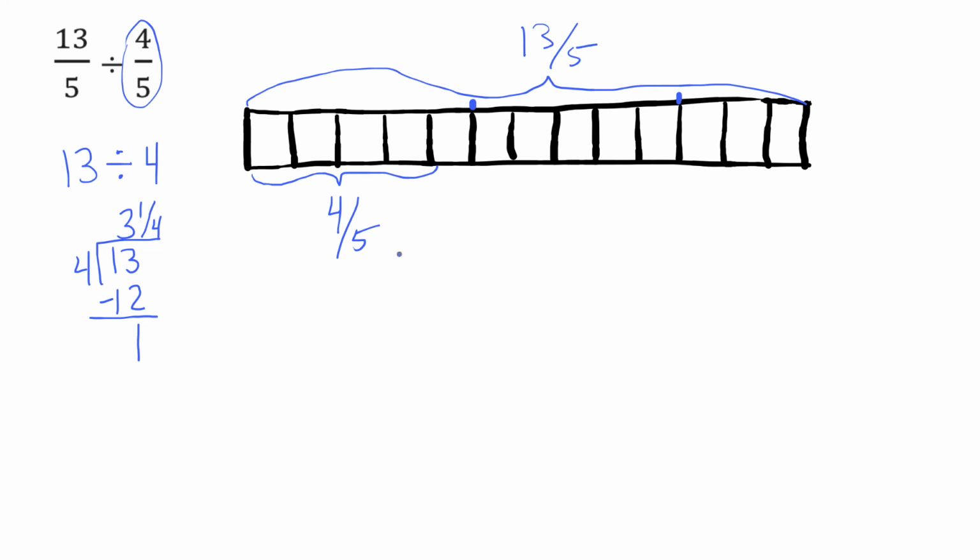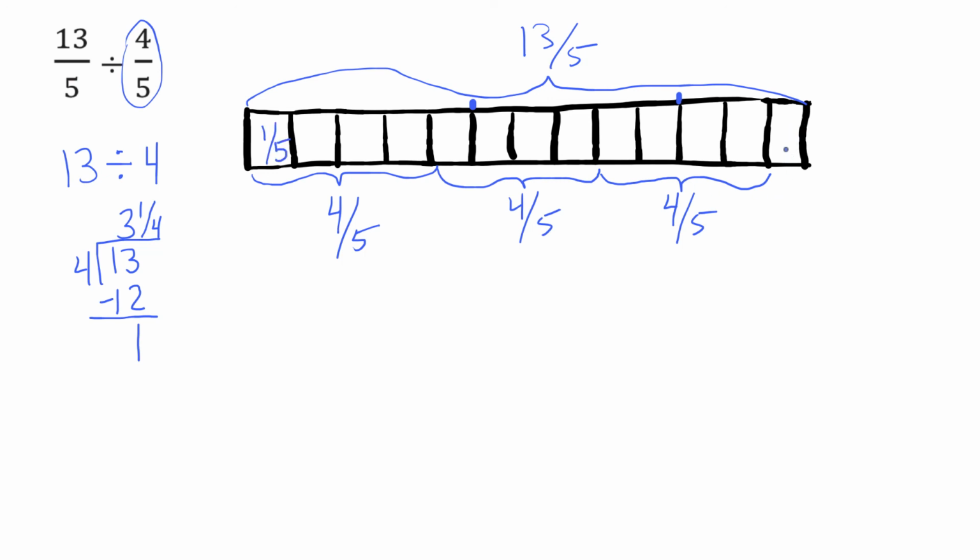All right, so we have 4 fifths. There, it happens once. We're going to have another group of 4 fifths. It happens twice. There's still room for another group of 4 of those fifths. Happens 3 times. Now don't forget, each one of these is 1/5.